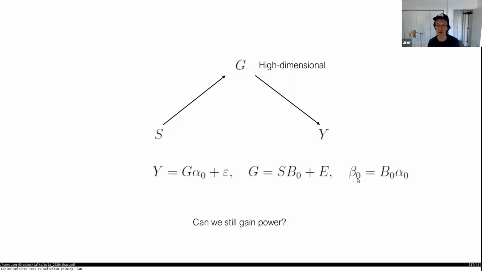This beta 0 will only contain the effect through G1. If you're asking whether we control for the other G, I would say yes, because they're here. I should also say, if you want to add covariates, you could, and I didn't talk about that, but you can add additional covariates as well. But I would say some of the G that aren't affected by S are still captured by non-zero components of alpha 0.